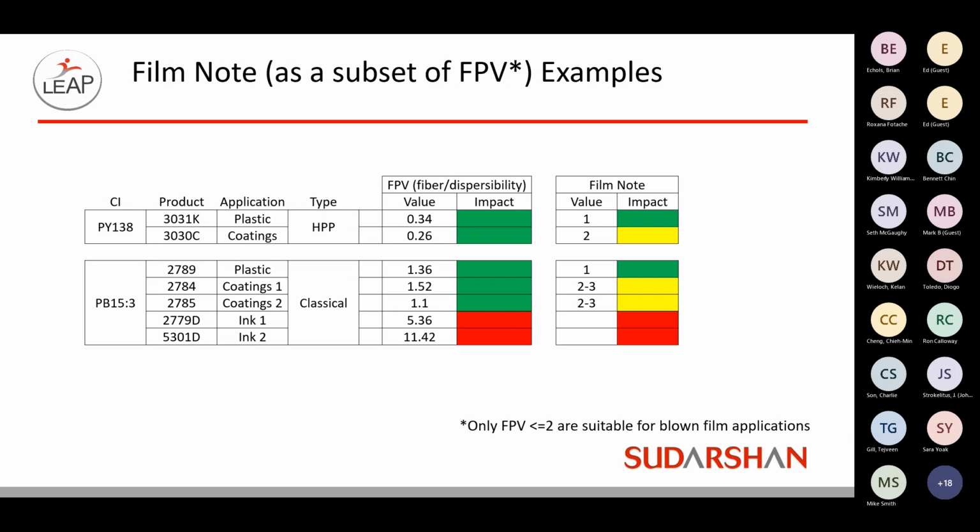The same can be true with the Pigment Blue 15:3, where we saw that there were 3 choices, 1 plastics and 2 coatings grades, that were okay for filter pressure value for fiber applications, but we again start to see some distinctions when the application is much more stringent with respect to film.